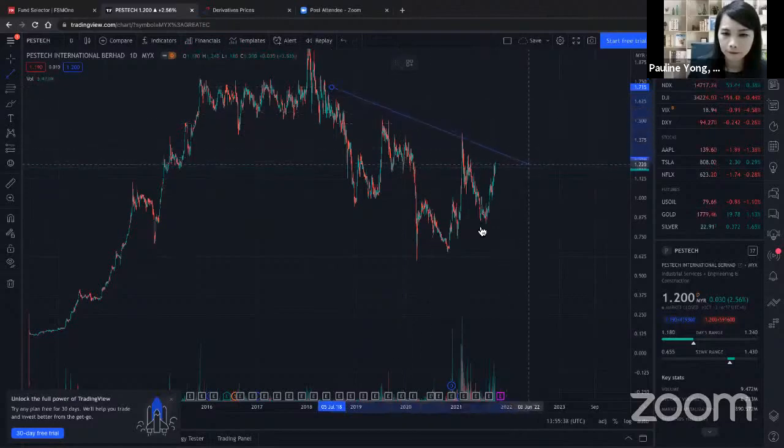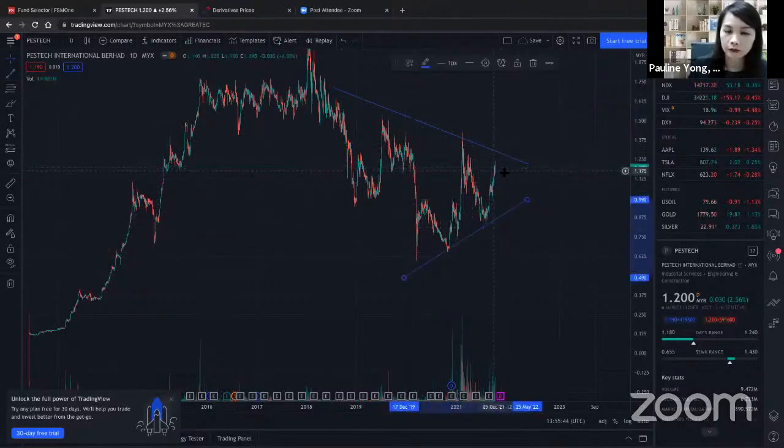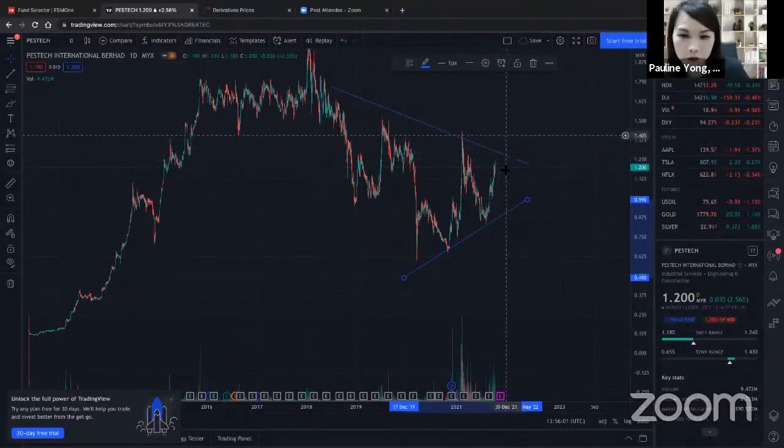It's a huge triangle correction here. A, B, C, D, E. So E, and then looking for a breakout here. Waiting for a breakout. There's no guarantee, but it looks like it's going to break out. So this one is Pestech.